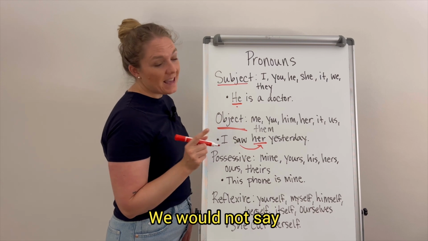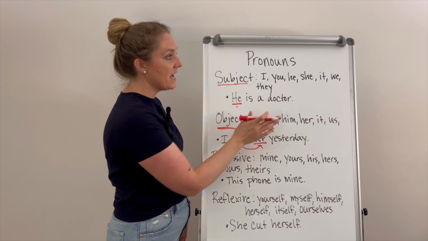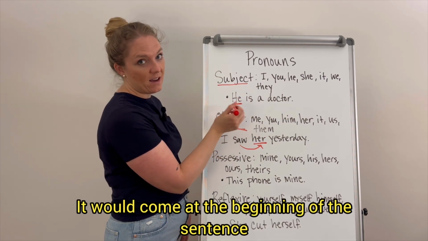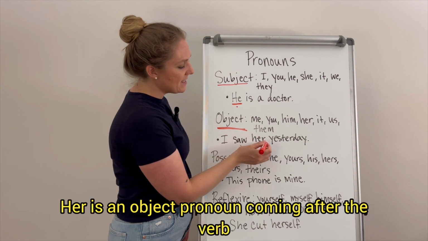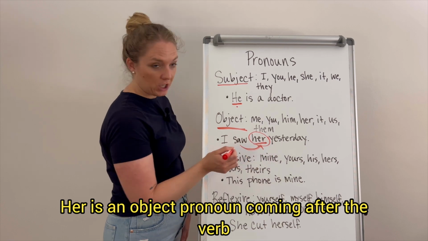We would not say, I saw she yesterday. That is not correct. She is a subject pronoun. It would come at the beginning of the sentence. Her is an object pronoun coming after the verb.